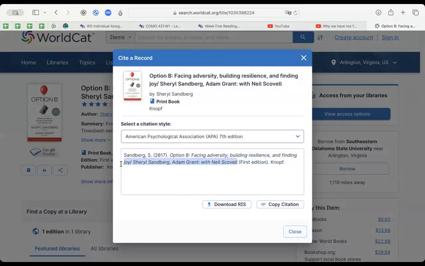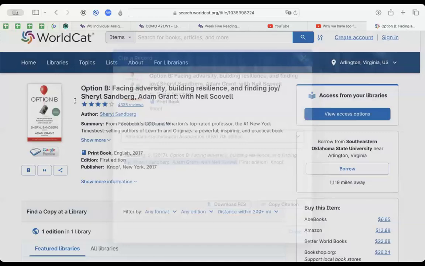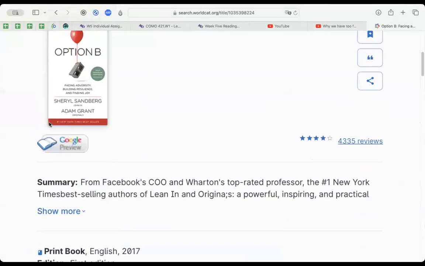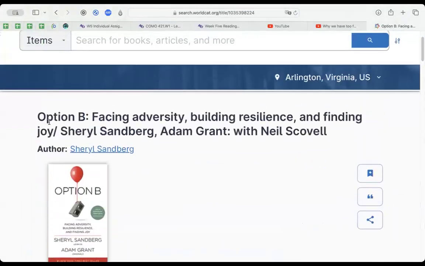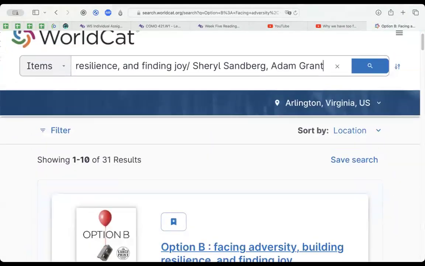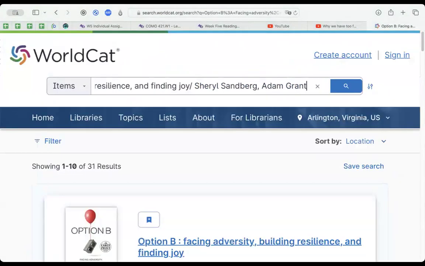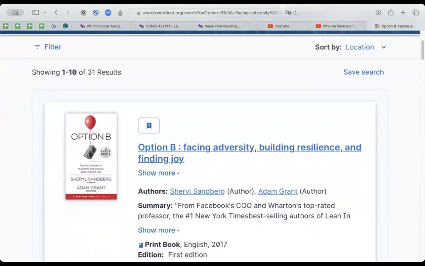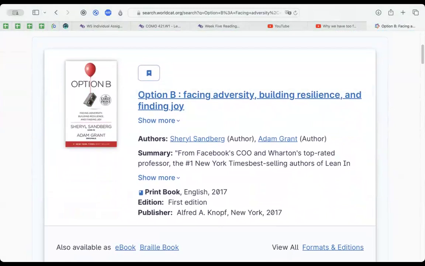But also we're looking at this and say, hold on, this cover seems to show multiple authors, and the entry is only showing Sheryl Sandberg. So sometimes you'll find that something just is not right, and so go with your gut telling you, hey, that's missing something, and say, okay, let's go ahead and check this.